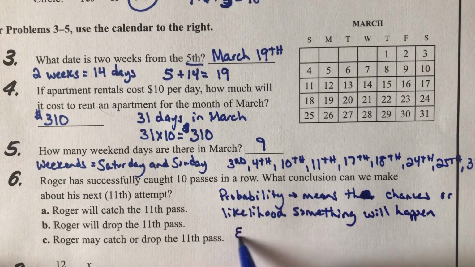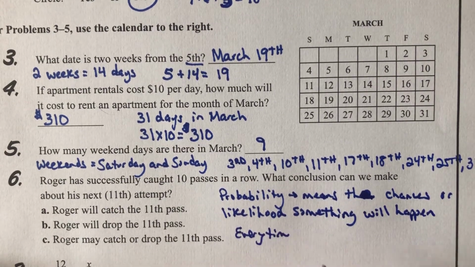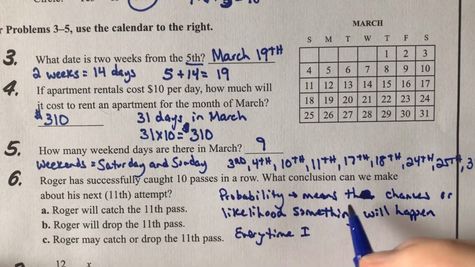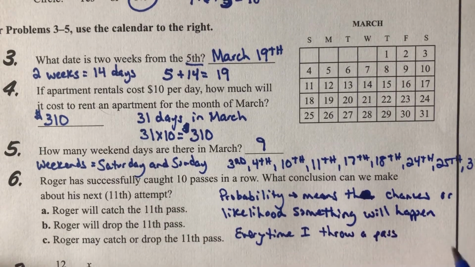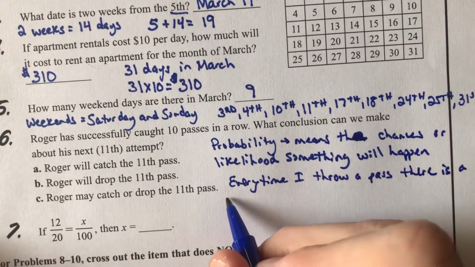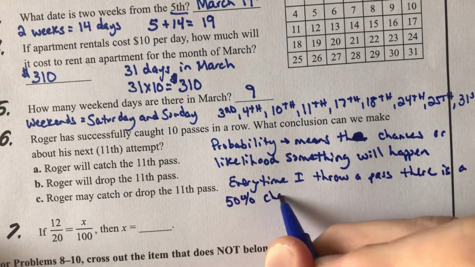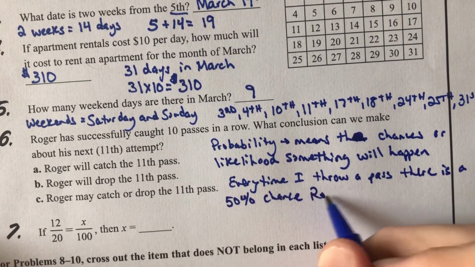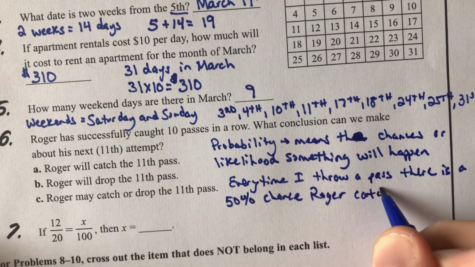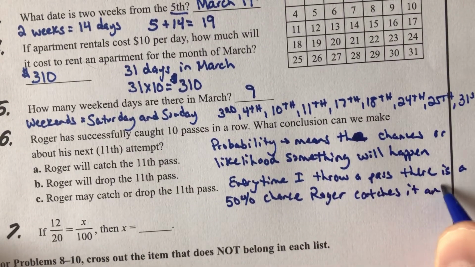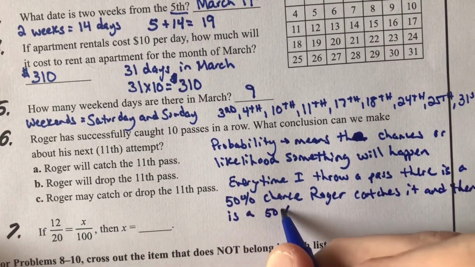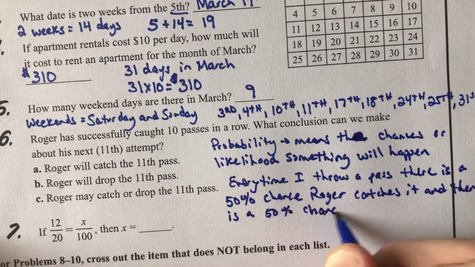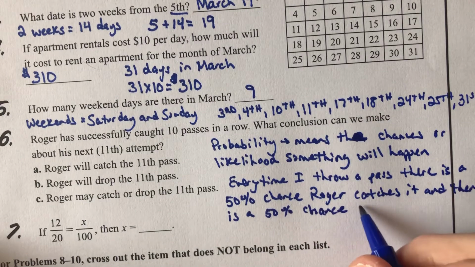So every time I throw a pass, there is a 50% chance Roger catches it, and there is a 50% chance he drops it.